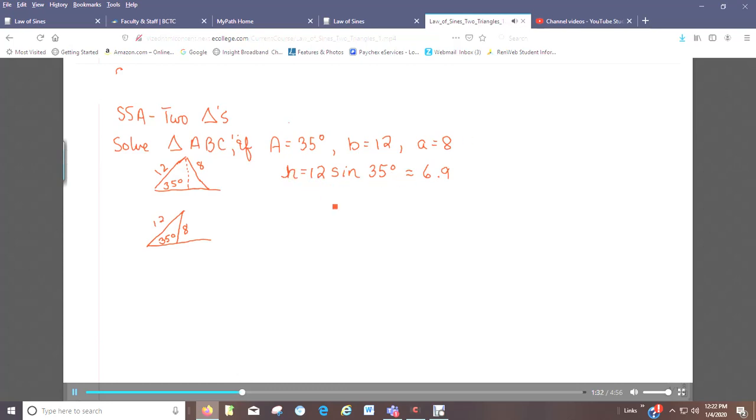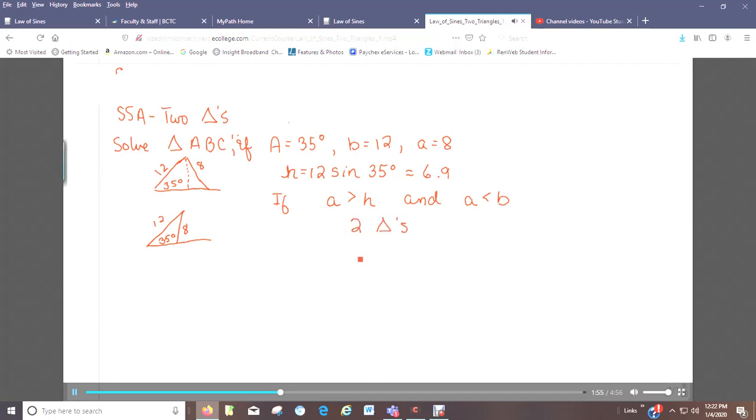First of all, that side A that's directly across from my angle has to be bigger than the height. And then it has to be smaller than the other side that we were given. When these two conditions occur, we have two triangles.